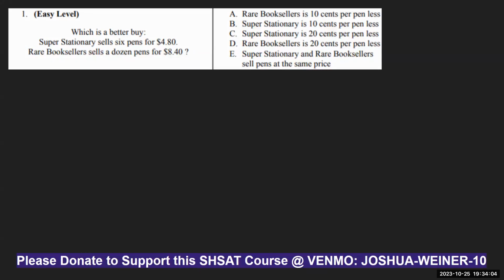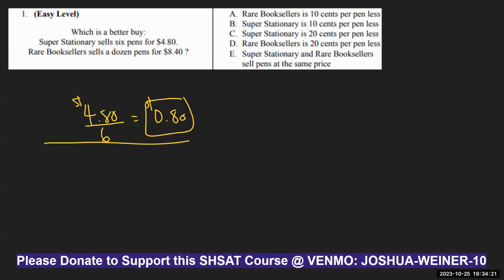we'll do Super Stationery first, which is $4.80, and you can buy 6. That's the same as 6 goes into 48 8 times, so 80 cents per pen. And then for the second store, Rare Booksellers, you can get a dozen pens, and the sticker price would be $8.40.